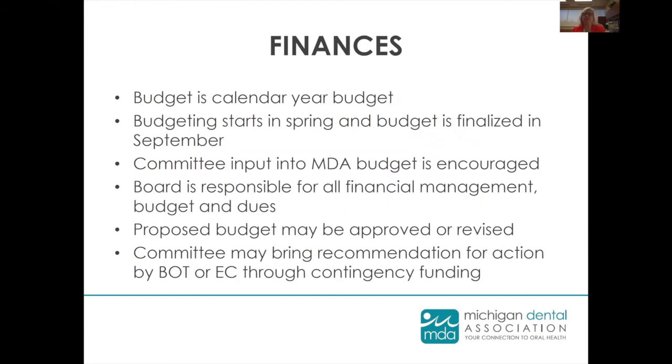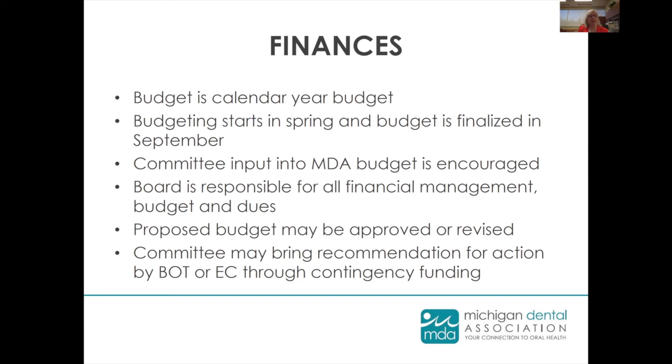So, let's talk a little bit about money, finances. Your director will work based on past history and actual expenses and revenues that we've been seeing. We'll start putting together a budget for the activities that are overseen by your committee in the spring, and the budget is finalized in September.